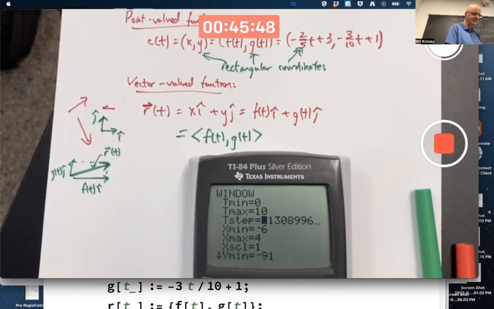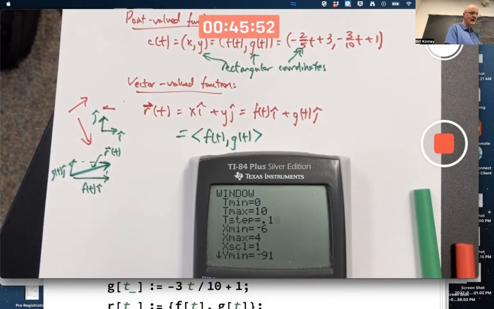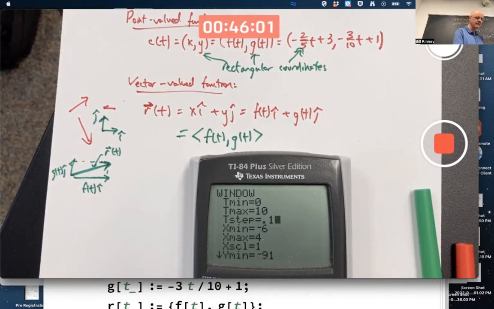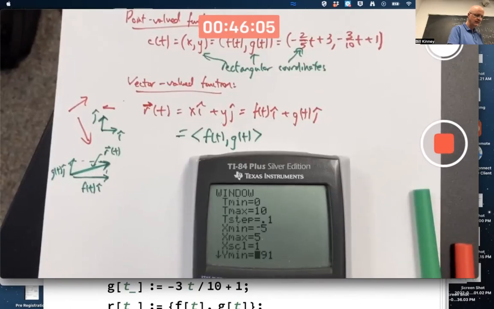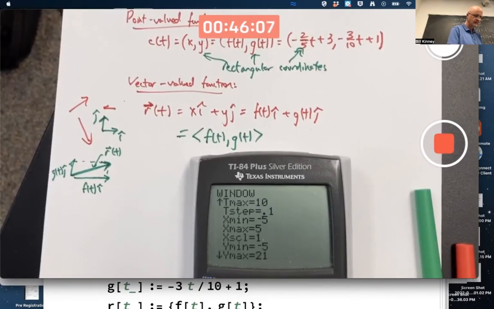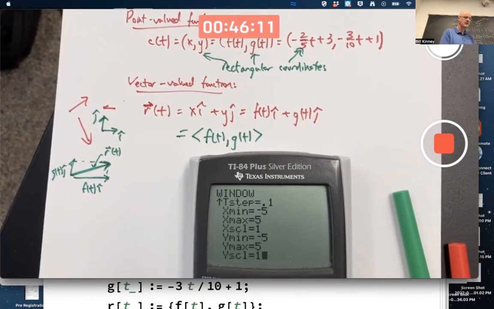You'll see a t-step, pick 0.1. You'll see an x-min, x-max, a y-min, and a y-max. We're trying to watch the bug move here, so we probably better pick a window like maybe negative 5 to 5 in both directions. Like that. X scale and Y scale 1, maybe, to make my tick marks 1 unit apart.